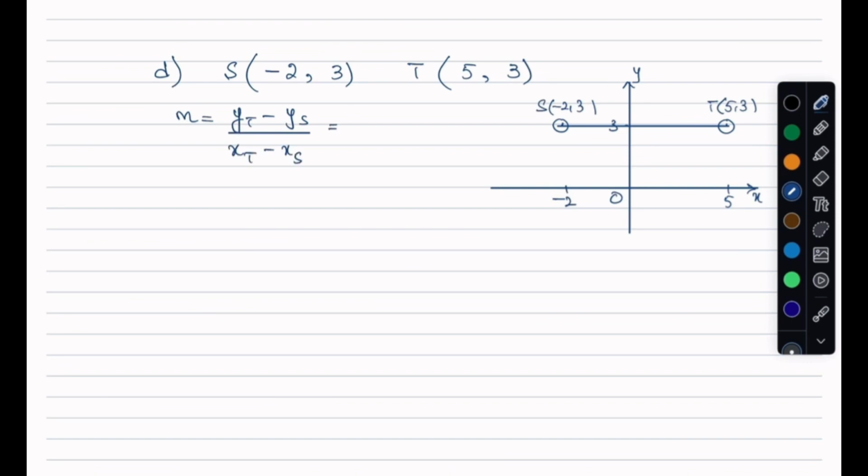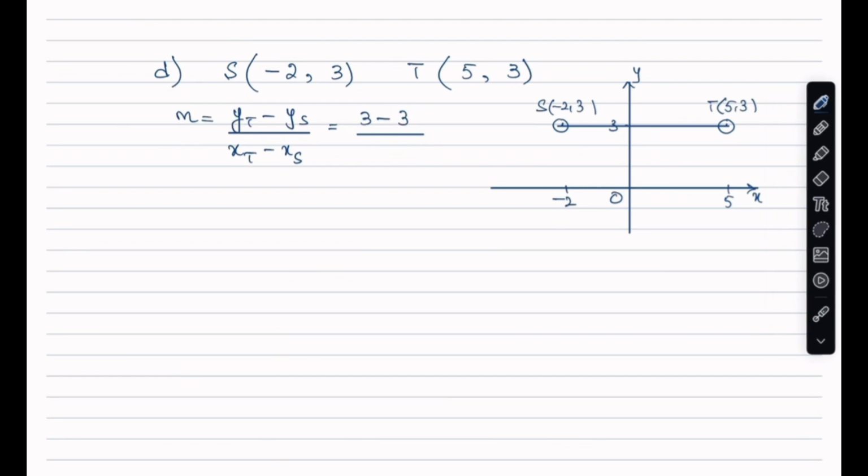The gradient is the y coordinate of T minus the y coordinate of S, divided by the x coordinate of T minus the x coordinate of S. Substituting the values, it's 3 minus 3 divided by 5 minus -2. 3 minus 3 equals 0, divided by 5 plus 2, which gives me 7, but again the gradient comes out to be 0.